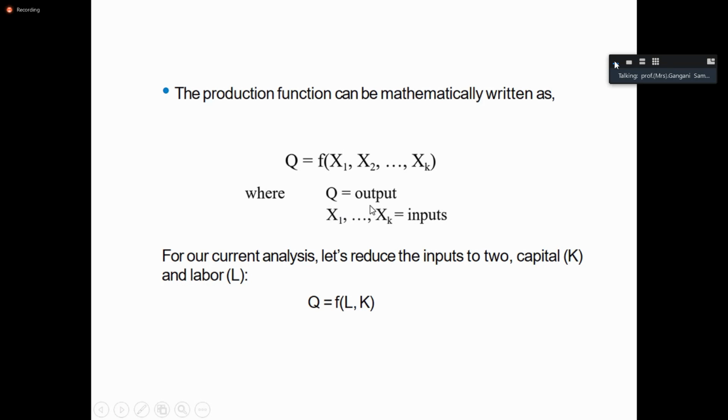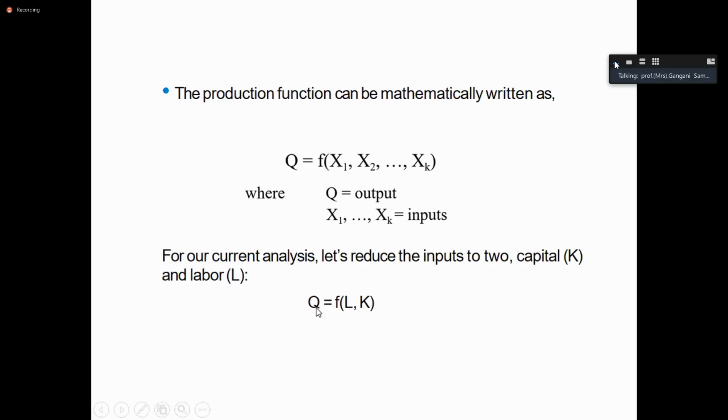Okay. So normally for this, first we will see two inputs. For example, capital we put as K, labor we put as L. That's why every time we have to define words. What does it mean by K? What does it mean by L? Okay. So output is a function of labor and capital.